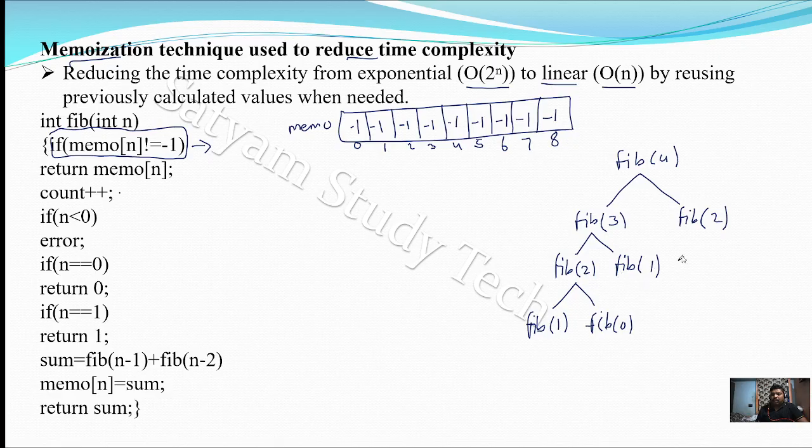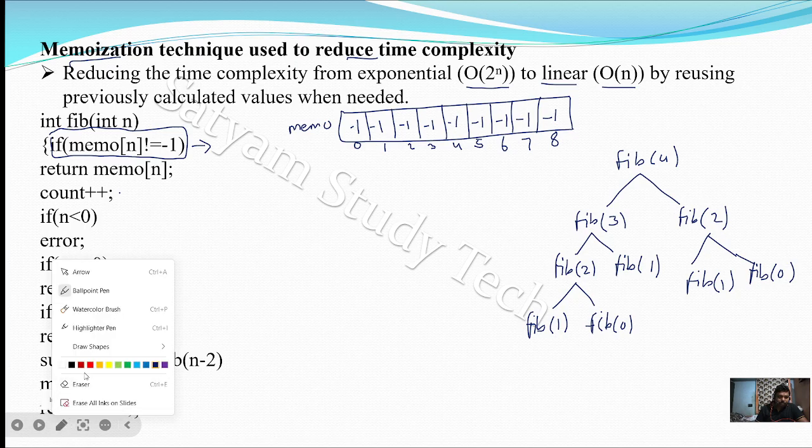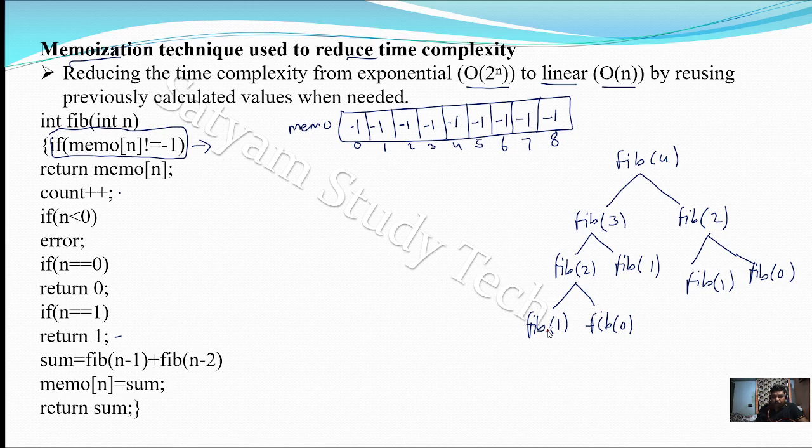So fib of 1 returns 1, and fib of 0 returns 0.